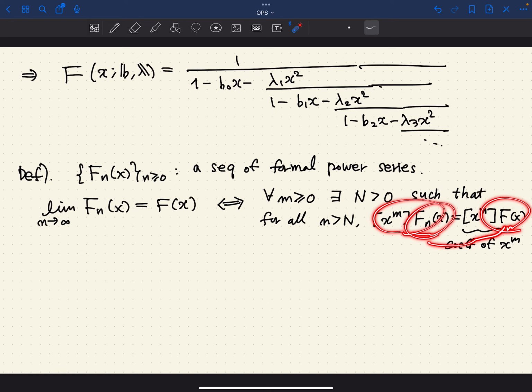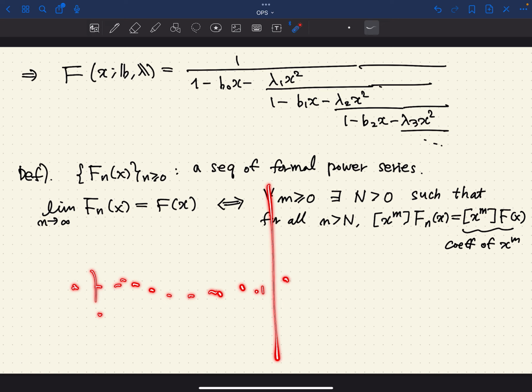I'm not saying that the coefficient converges to the coefficient of this. It just becomes exactly that coefficient. At some point, after some point, it's constant, and that is exactly this. That's what formal convergence means in the formal power series sense.